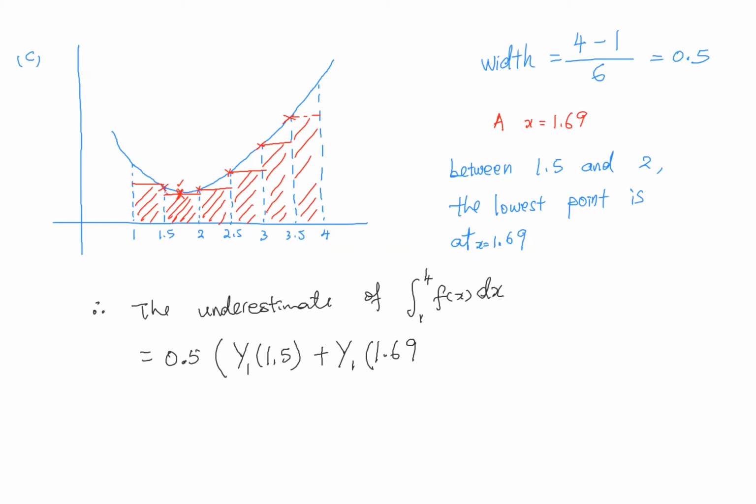Understand? The lowest point. Plus the third rectangle is y12 and go on. So you just key into the calculator. So you get the answer. Got it?